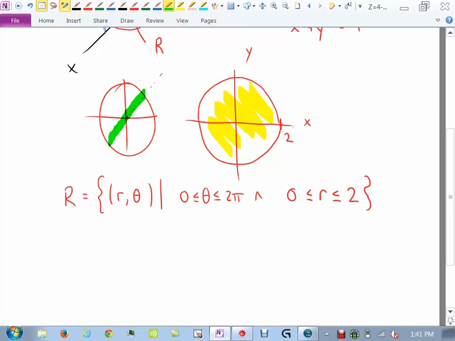If you rotate some more, you do that. You can create the whole circle by only rotating by pi, but walking 2 and -2. We don't need that. Just 0 to pi, we're done. Do you follow that?